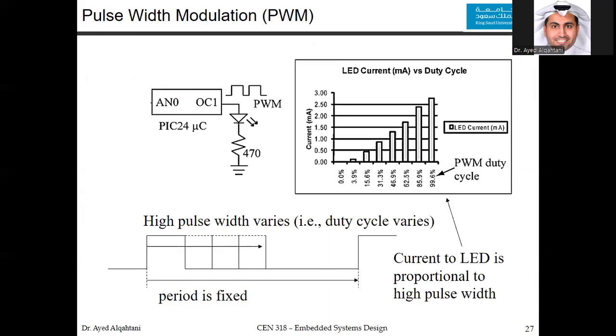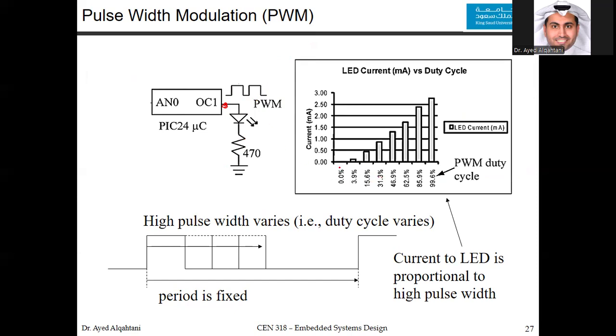So let's give more examples to understand what's going on here. We have the pulse width modulation. If the output that is generated by the output compare, after we configure and program it, is connected to an LED in series with a resistance to make sure it doesn't burn, and we have a certain pulse width modulation.